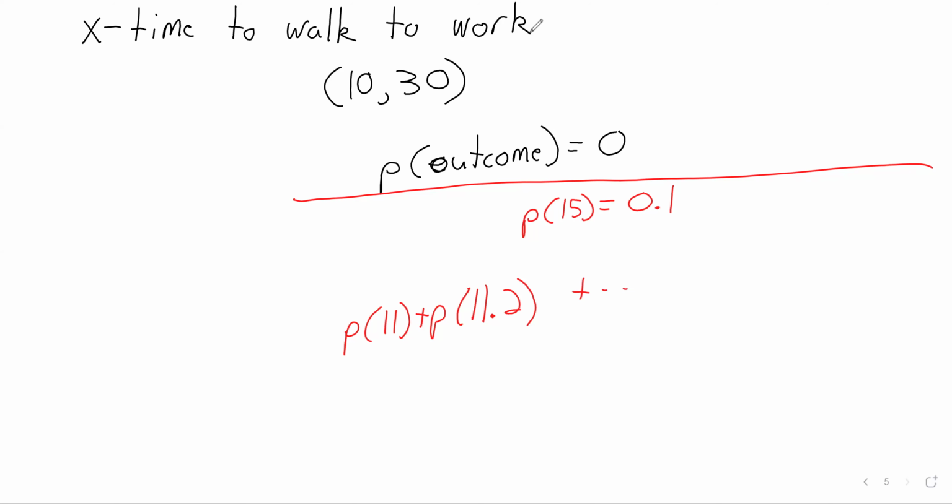So if we just start grabbing numbers in this interval and adding up the probabilities, well, it quickly becomes greater than 1, and that doesn't make any sense. And, of course, this 0.1 is kind of a red herring.